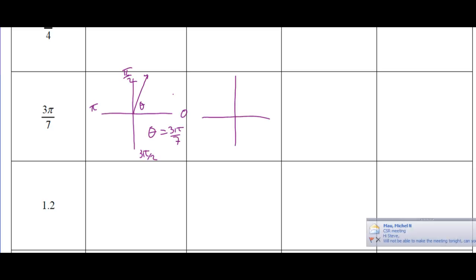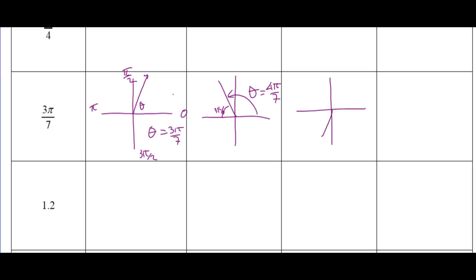And I need this angle here to be 3 pi over 7 short of that. If this angle is 7 pi over 7, then what's this angle? That is 4 pi over 7. So a reference angle of 3 pi over 7 in quadrant 2 gives you a rotation angle of 4 pi over 7.